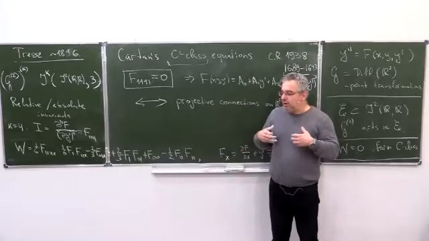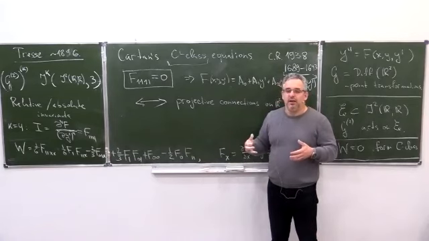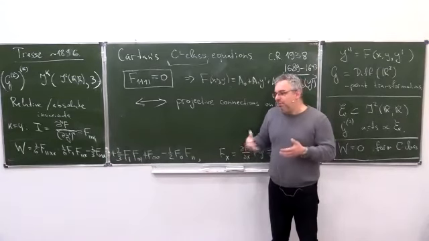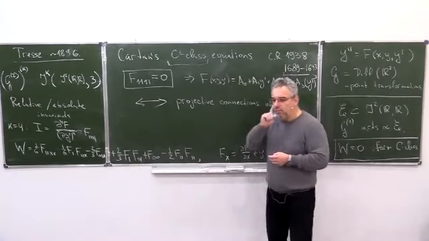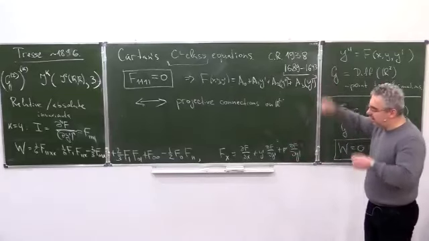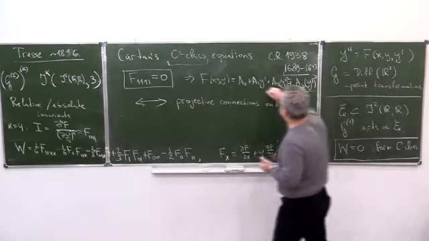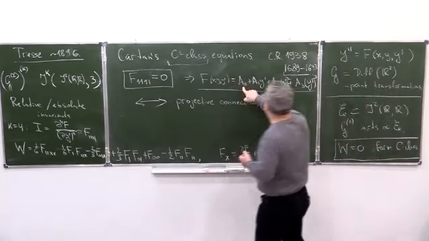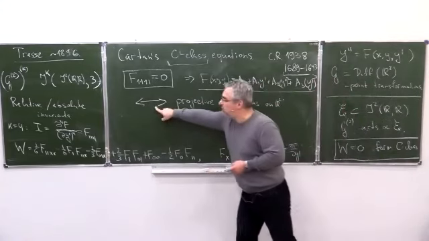Essentially, projective connections are equivalence classes of affine connections which have the same geodesics viewed as unparameterized curves. And actually, this equation is exactly the equation on geodesics of this projective connection. So this is how the one-to-one correspondence is established.